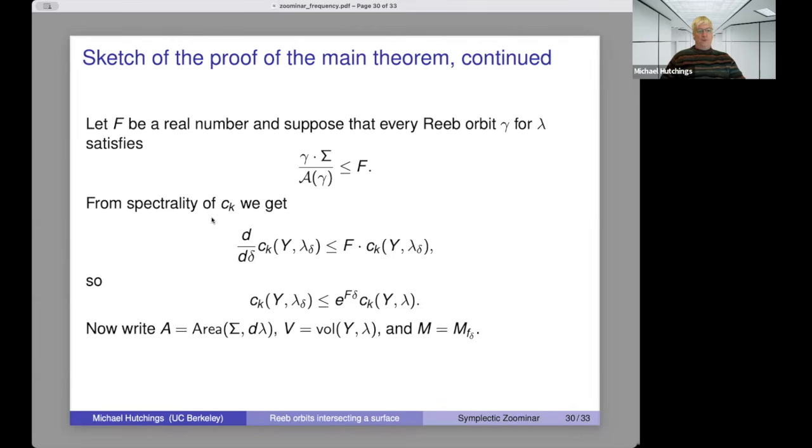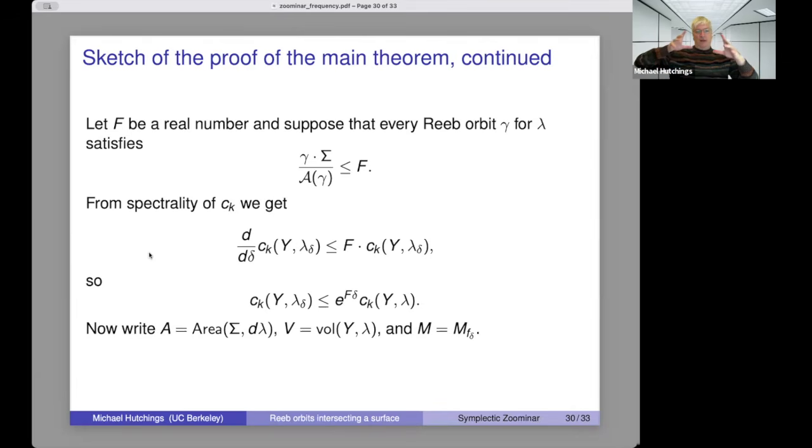Now, as I'm changing the contact form lambda delta, for each delta, each spectral invariant is the total action of some finite set of Reeb orbits. Then you can look at the derivative of the spectral invariant with respect to delta. Now, I lied slightly. This only works after some perturbation to make my lambda deltas generic. So it's a slight lie. Let's ignore that.